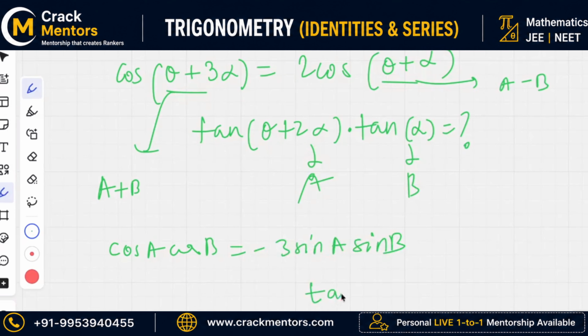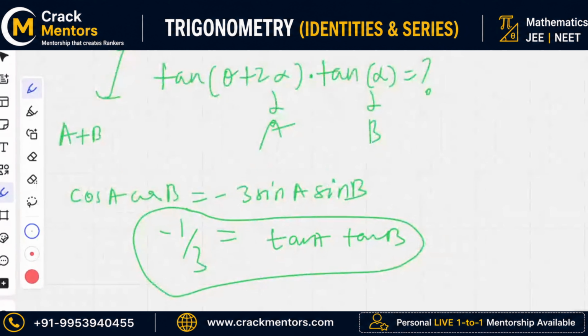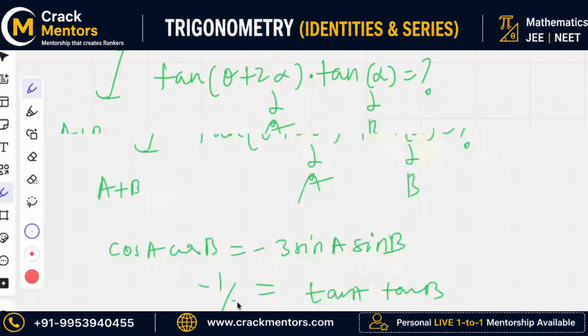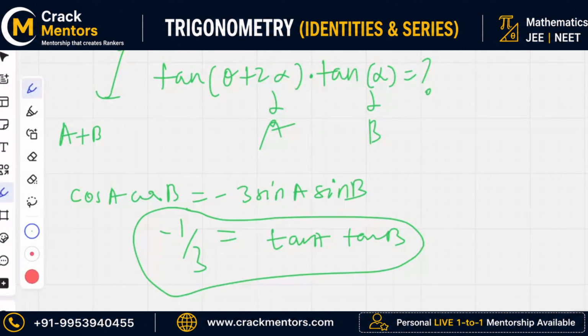So do I get tan A into tan B as minus 1 by 3? Yes or no? Yeah, I think so.